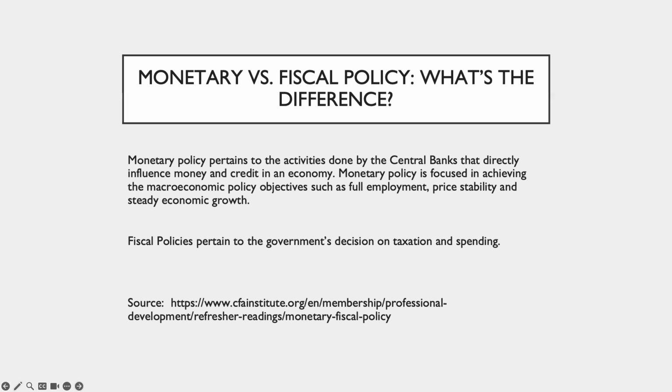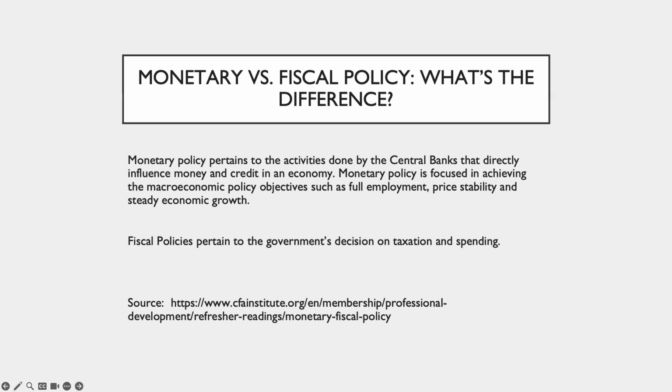Okay, but on the other hand, there are also fiscal policies. Both policies are related to financial matters. Fiscal policies, on the other hand, revolve around the government's decision on taxation and spending. So that's where you see the difference between the two.